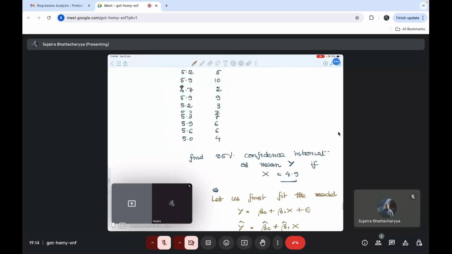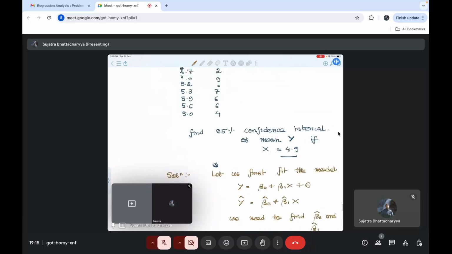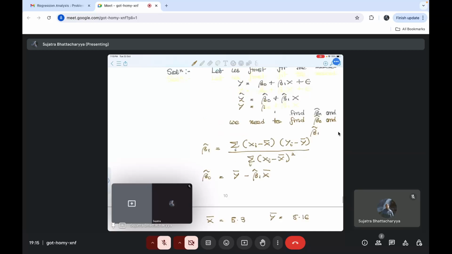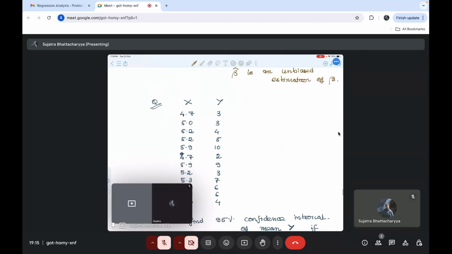Let me write down that the value of x bar comes out to be 5.3 and y bar comes out to be 5.16. You can check. Let us write xi minus x bar as part of the solution, and calculate y minus y bar also.